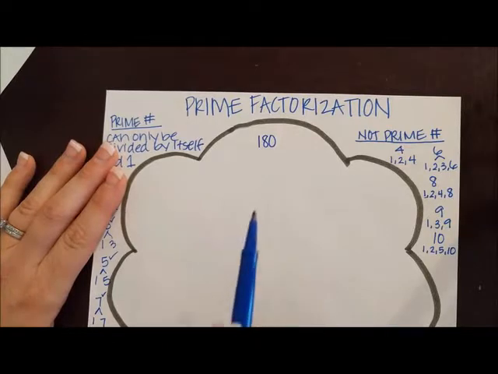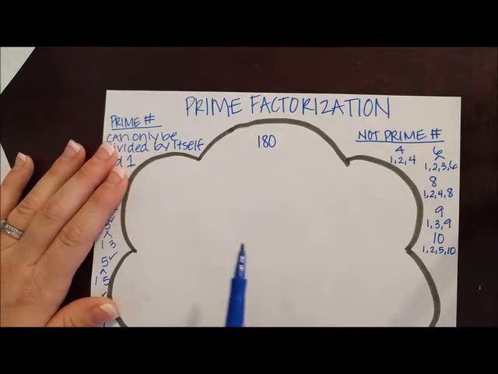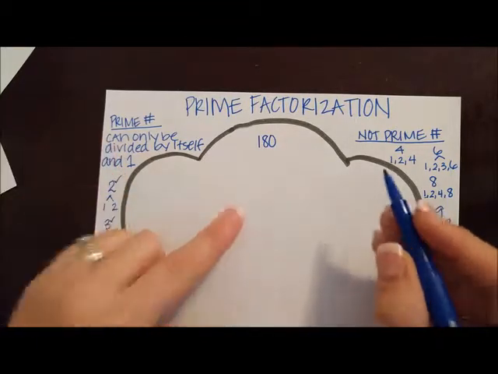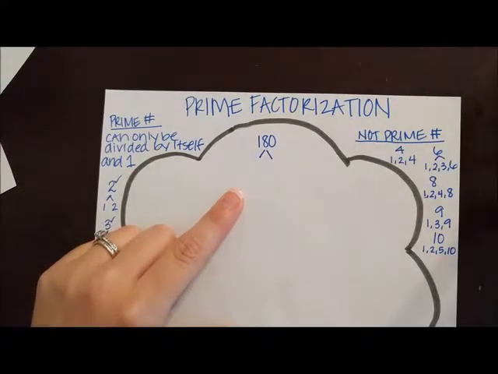I need to find the prime factorization of 180, so that means I need to get down to all prime numbers. Factors that are only prime numbers. So the way we're going to do that is we're going to make 2 branches. Okay, and we have to think to ourselves, what are 2 numbers that multiply together to get 180? Now guys, it can be any 2 numbers. It does not matter as long as both of these numbers that we pick multiply together to get 180.